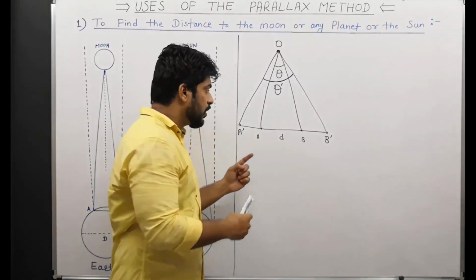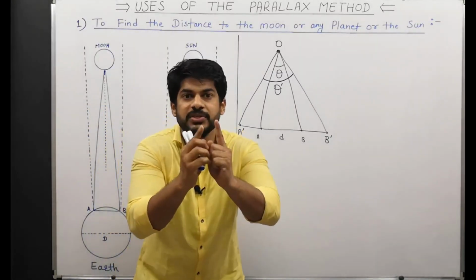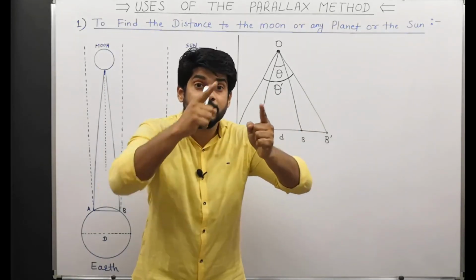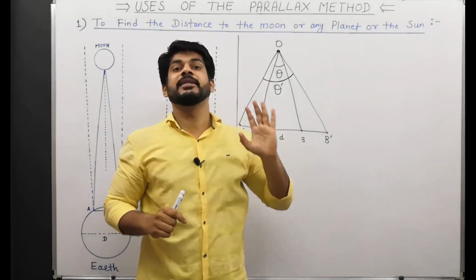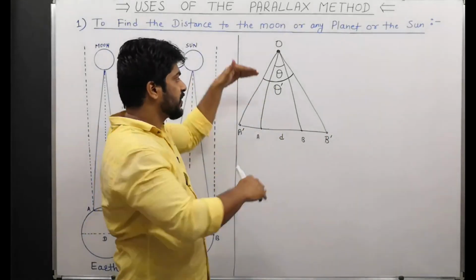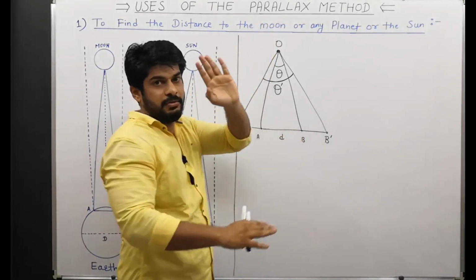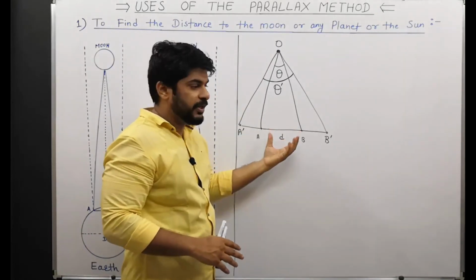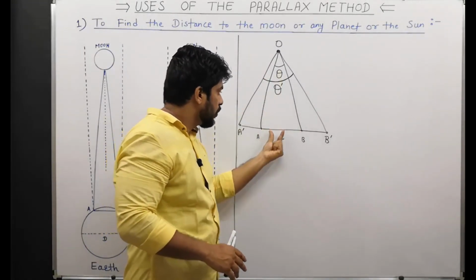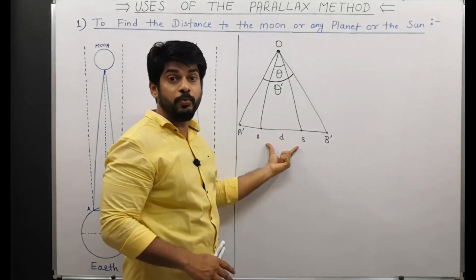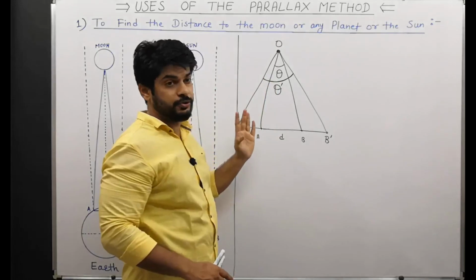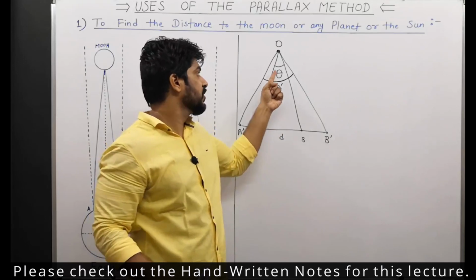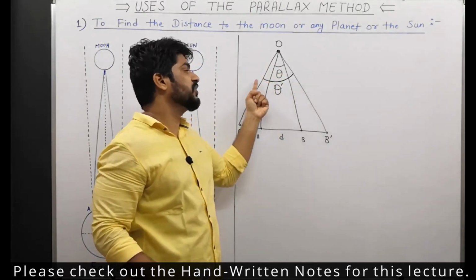So you can see here, whenever we increase the distance between the 2 points of observation, the parallax angle automatically increases. Over here I am considering this distance to be the same, but you can observe very simply that when the distance between these 2 points was small, the angle was also small. As I increased the distance between the 2 points of observation, this angle also increased.